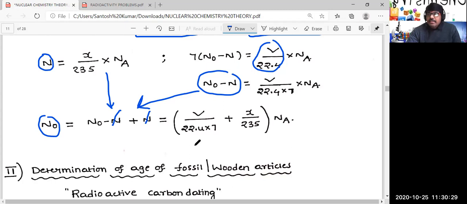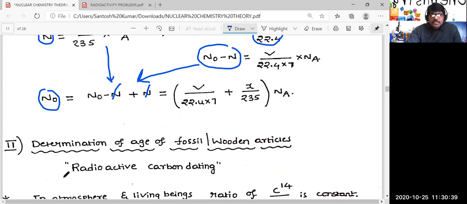Yes, whether it was made 10 years before or 20 years before or 30 years before, we can do that, and let us take the method, the procedure, how to calculate the age of wooden articles.